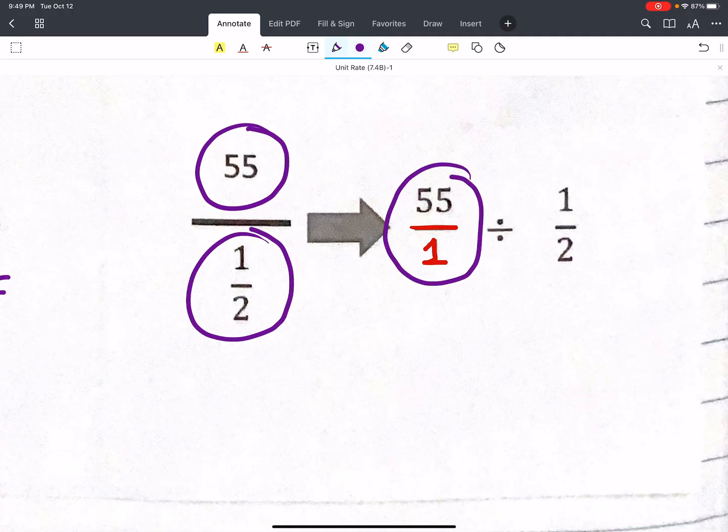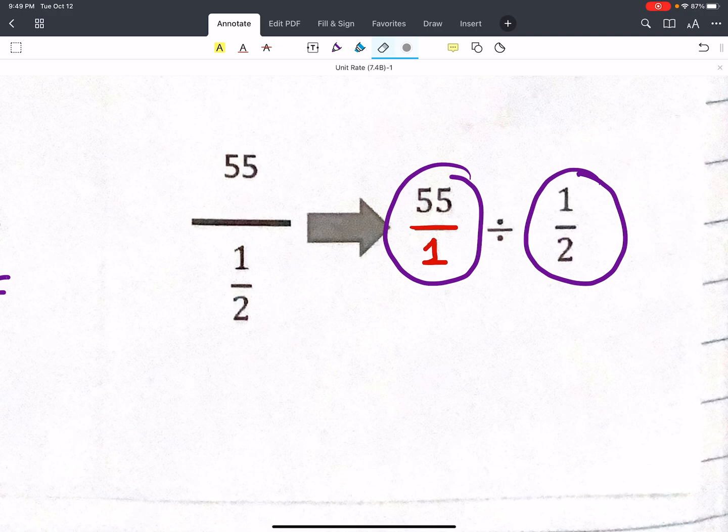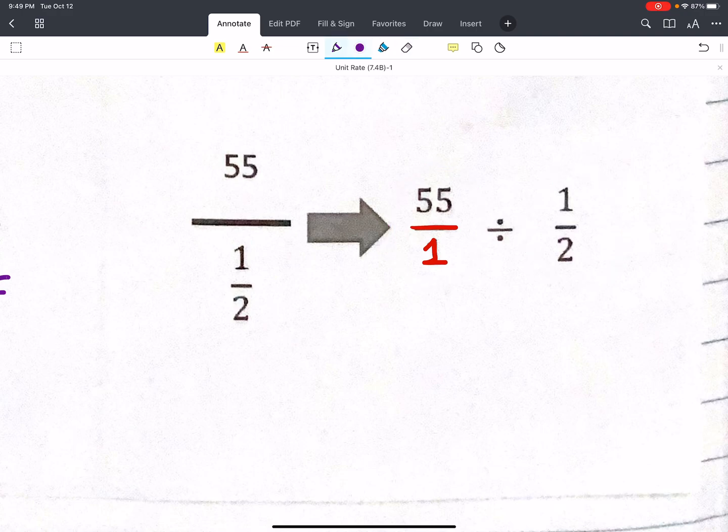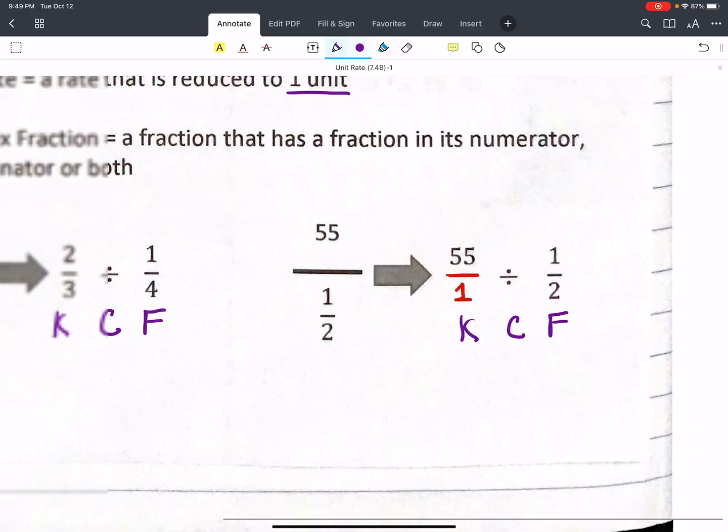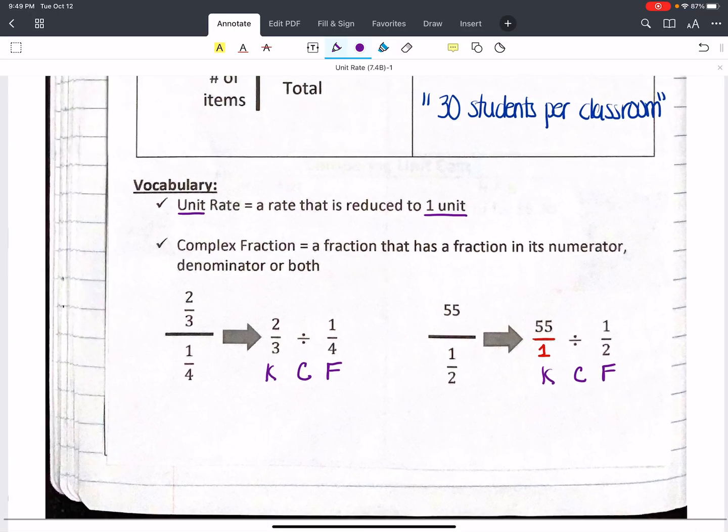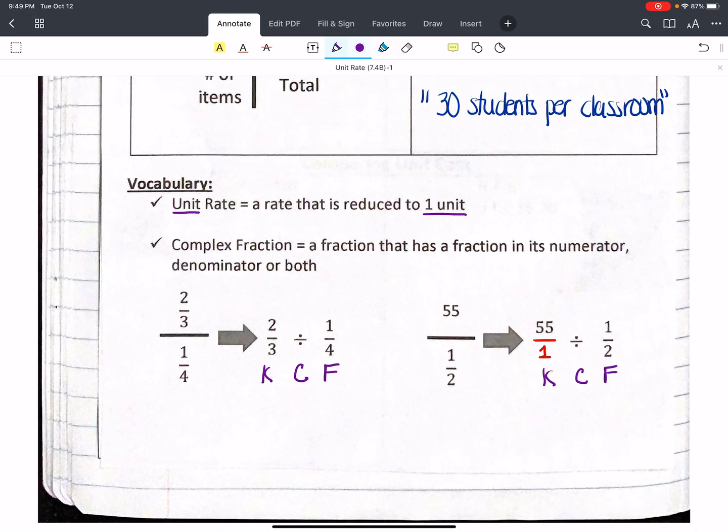And here, they are side by side, one in front of the other, so this would be FIFO, first in, first out. But again, because we're dividing fractions, don't forget when dividing fractions, you got to do your keep, change, and flip. Now, underneath your vocabulary is where we're going to do some practice problems.